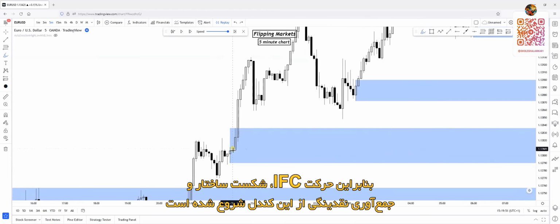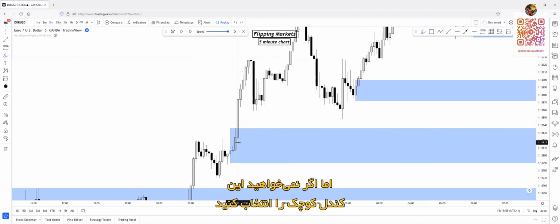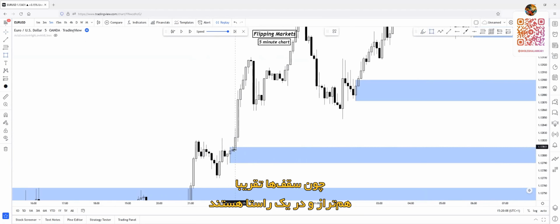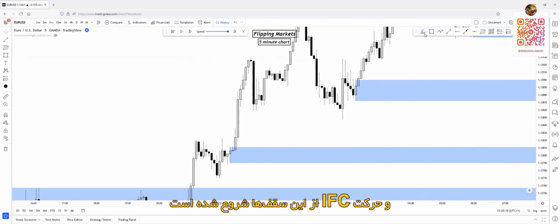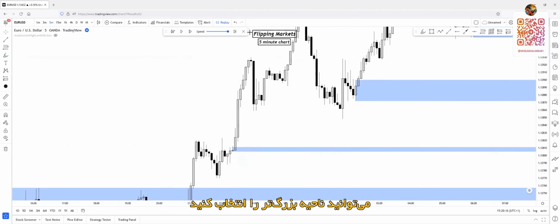So the inefficient push started from this candle, and the breakout structure and the liquidity sweep also started from this candle because here's the double tap, here's the breakout structure. But if you don't want to use this small candle, you can just simply use the bigger candle like this, because the taps are almost equal and the inefficient push started from these taps. So if you don't want to use this small zone, you can just simply use the bigger one.